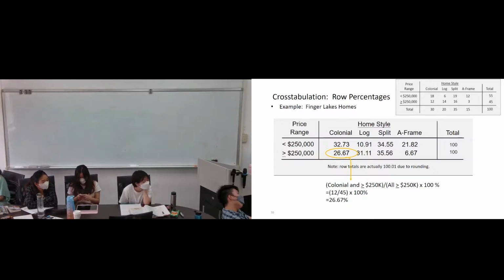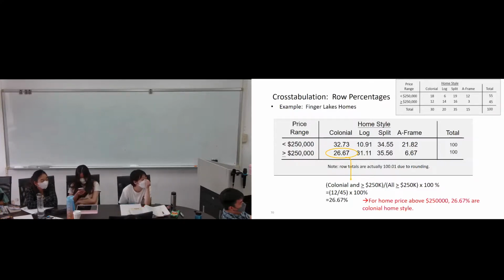So we say that 26.67% of the colonial homes are priced above $250,000. Or, sorry, I should say that for home price above $250,000, 26.67% of them are colonial.